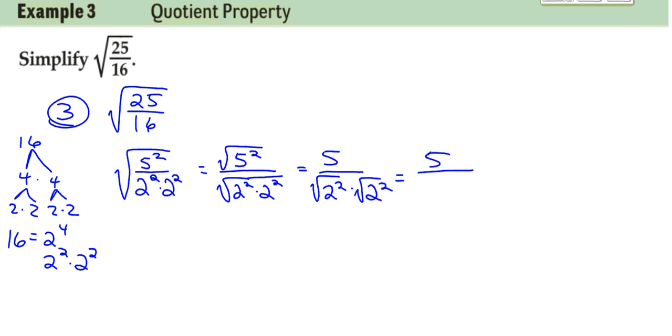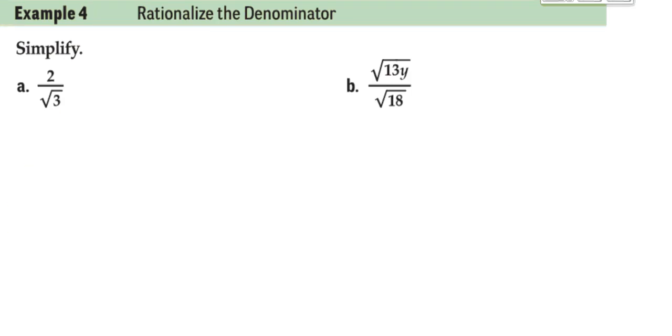So the square root of 2 squared is 2. This square root of 2 squared is also 2, so I get 5 over 4. So certainly, if you can just go right to 5 over 4 on that one, by all means do that as you go. So that's the quotient property. We were lucky that those were both perfect squares, so we just could get the answer for that one.